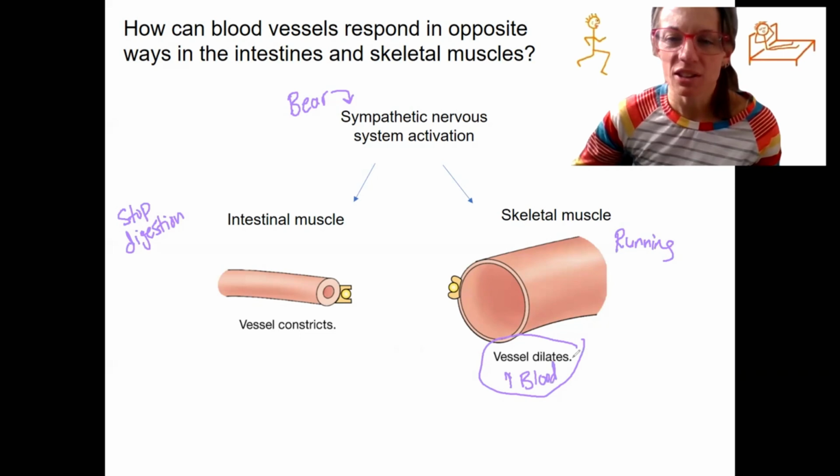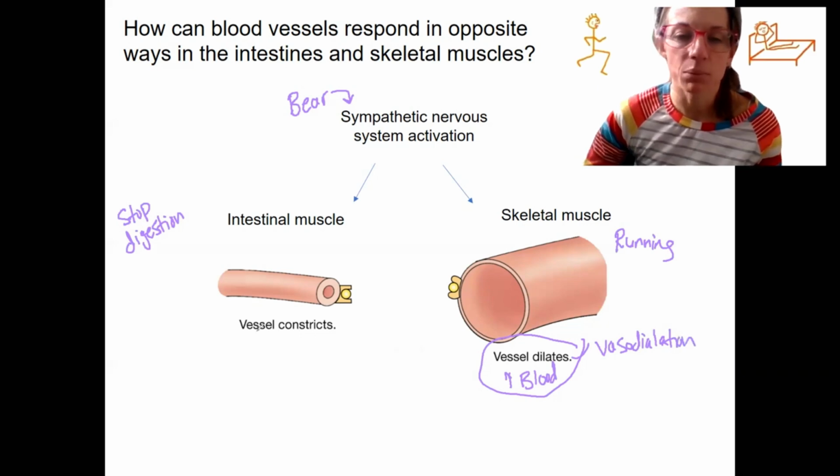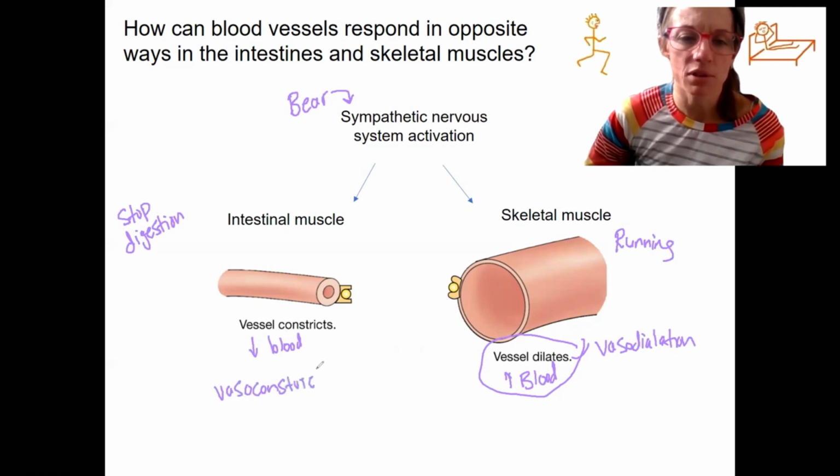This is called vasodilation. Blood vessels constricting is going to have less blood come here to the digestive system. This is called vasoconstriction.